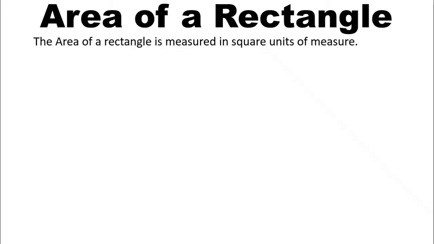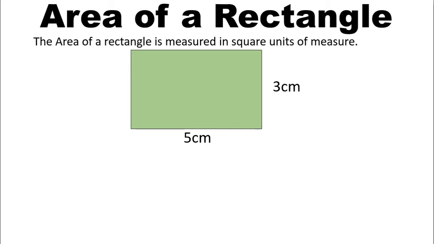Let's get started. First of all, the area of a rectangle is measured in squared units of measure. This is something I hope you already know, but let me just clarify this again with a diagram. If I've got a rectangle which is 5 centimeters by 3 centimeters, I can fill the space inside the rectangle with centimeter squares.